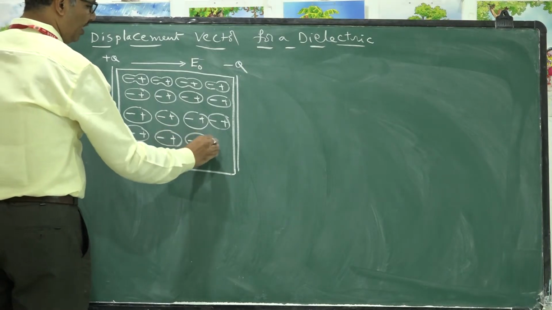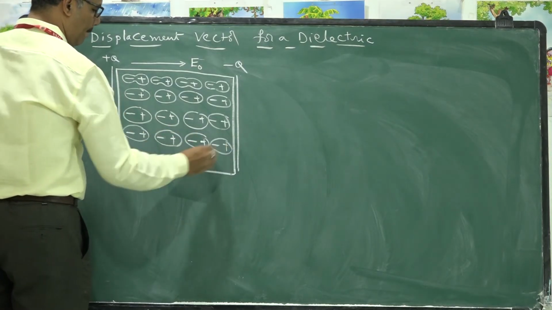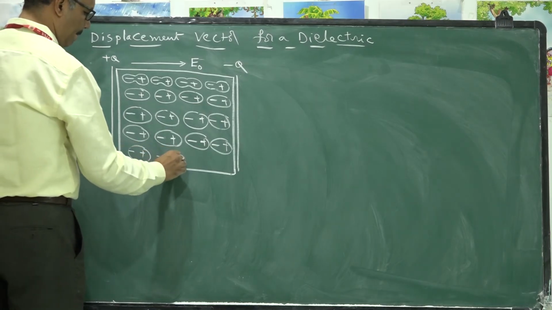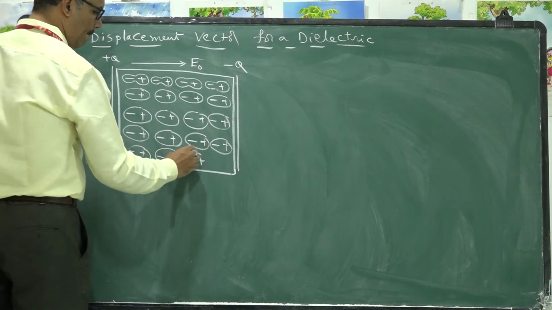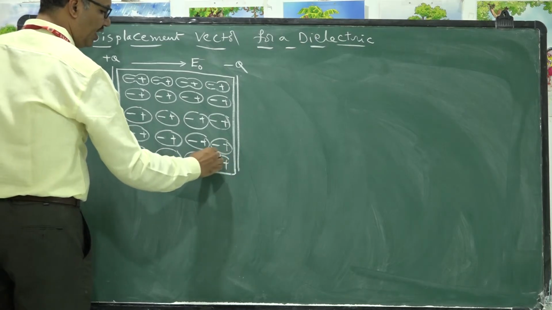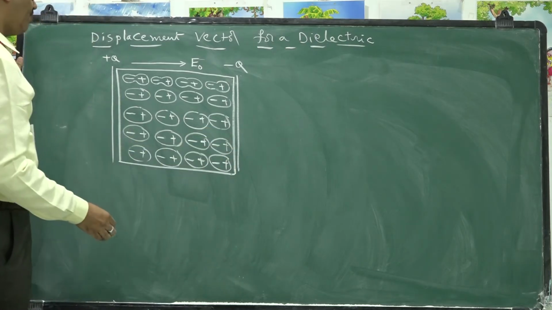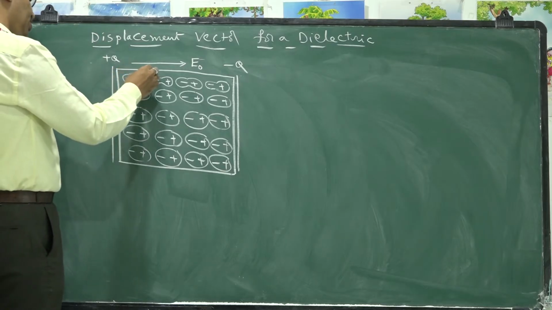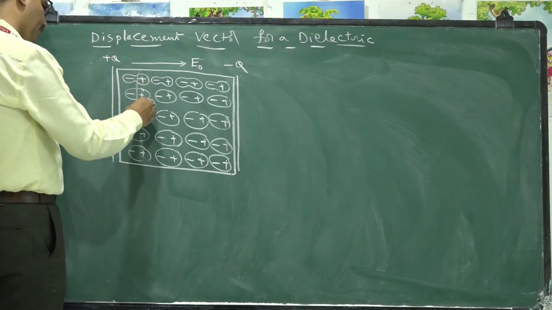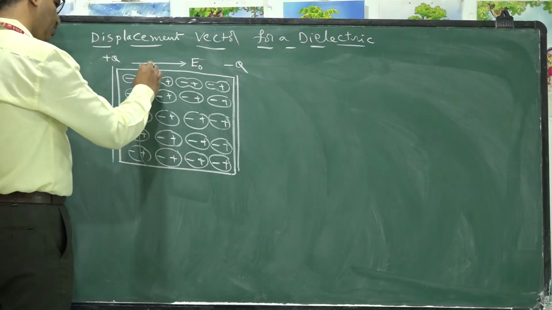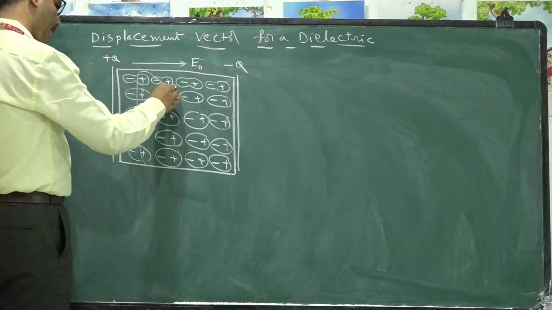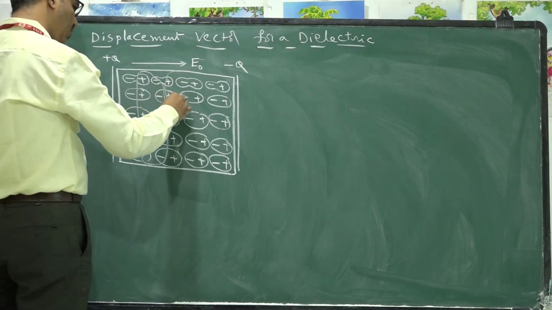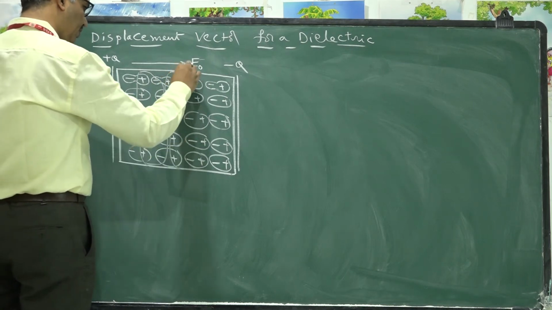Due to this orientation, what will happen? This set of positive and negative neutralizes themselves. Similarly, this set of positive and negative neutralizes themselves.